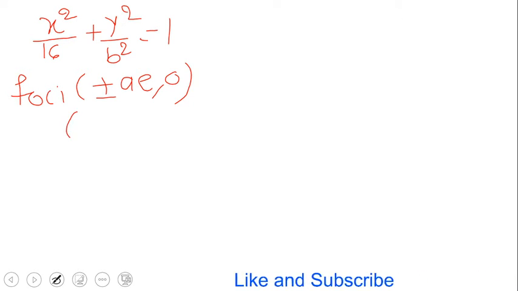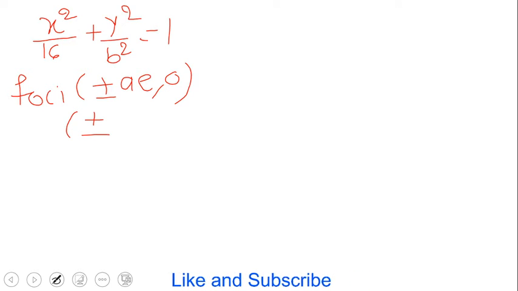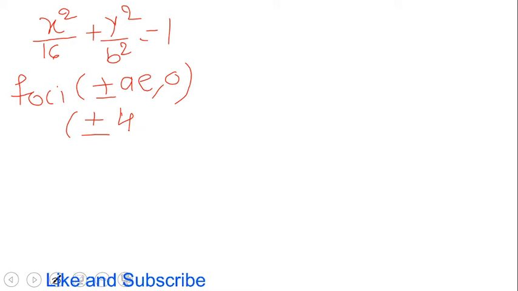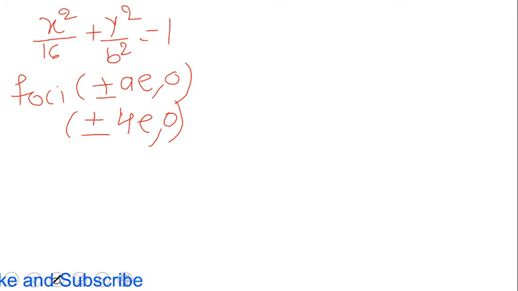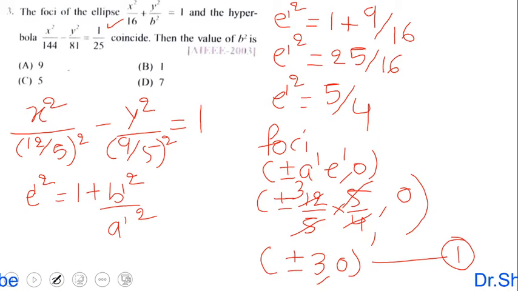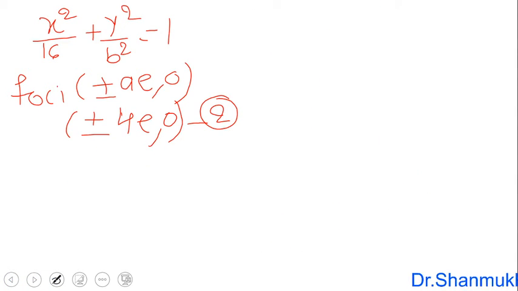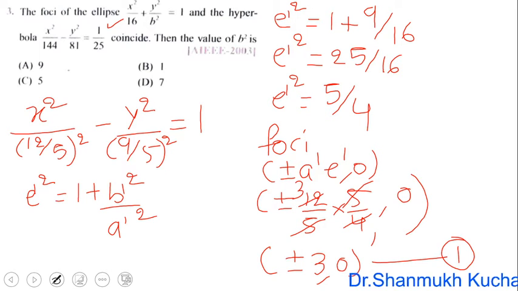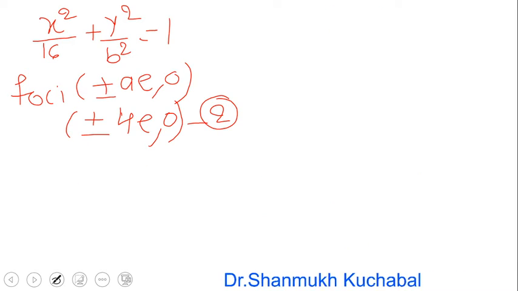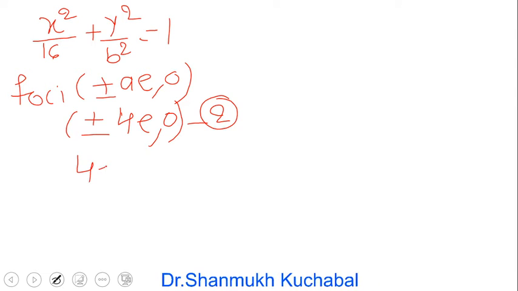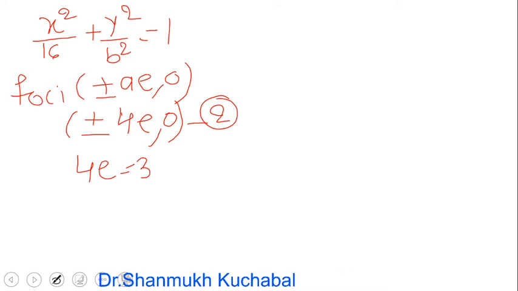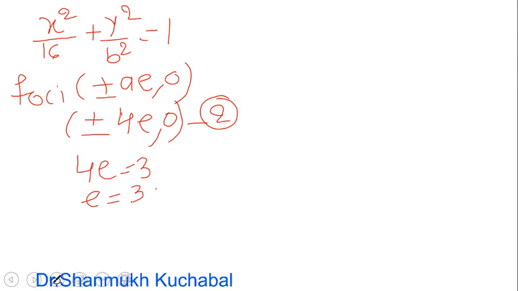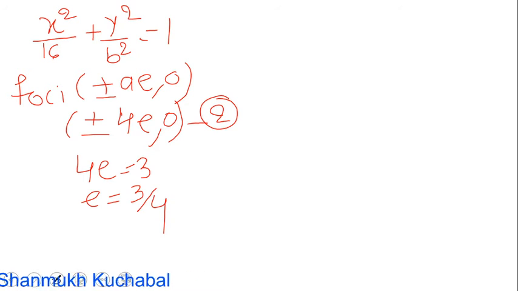So it is plus or minus, a square is 16, so a is 4, 4e comma 0. Then I call it equation 2. From equation 1 and equation 2, you can see here, we have to equate the x coordinate. Here 3 equal to 4e. I write 4e equal to 3. So the solution for e is 3 divided by 4. This we are going to get.